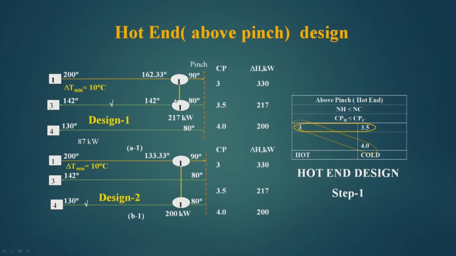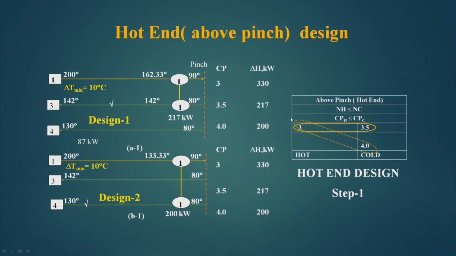This we will see. Now, to start with, in the upper part we see design 1 is shown here, and in the lower part design 2 is shown here, and both are for the hot end of the problem given in the stream table.